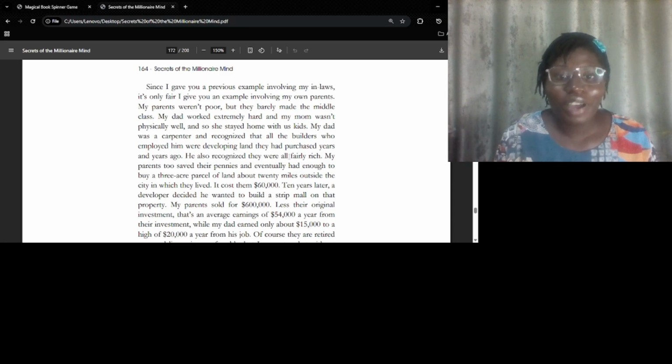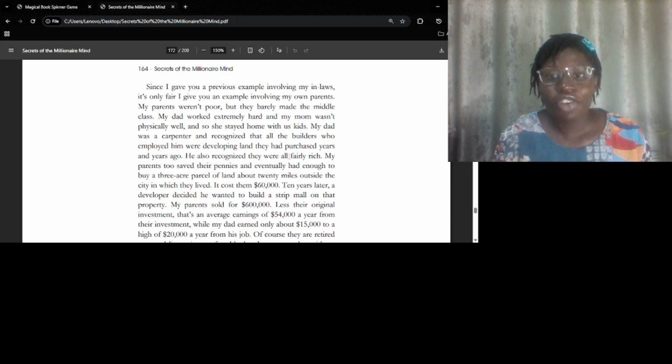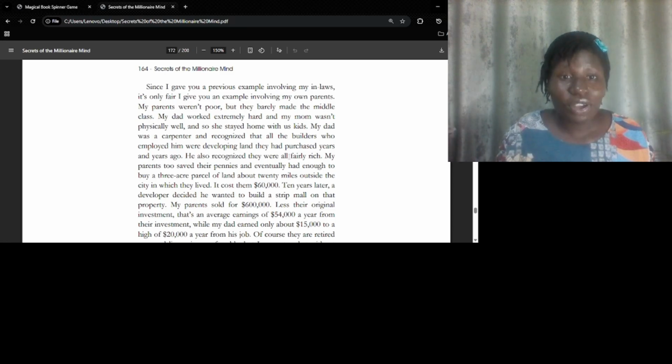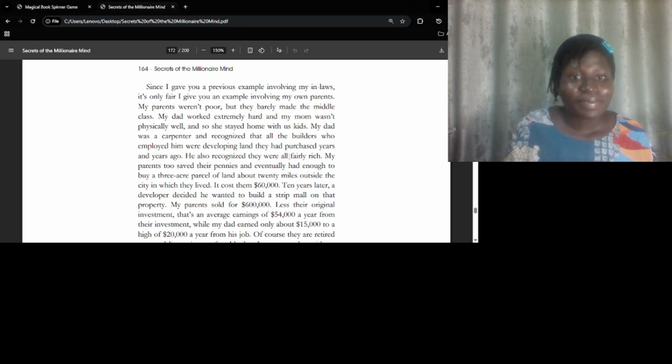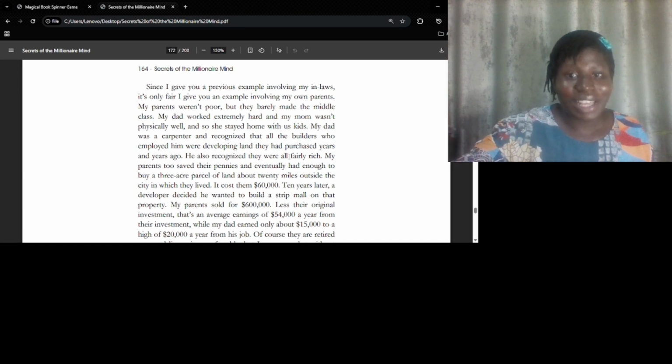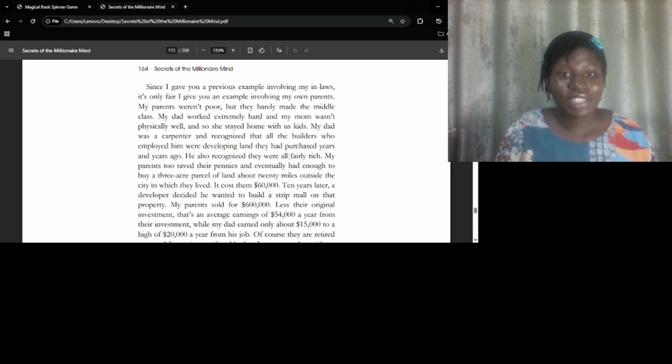"Since I gave a previous example involving my in-laws, it's only fair I give you an example involving my own parents. My parents weren't poor, but they barely made the middle class. My dad worked extremely hard and my mom wasn't physically well, and so she stayed home with us kids.